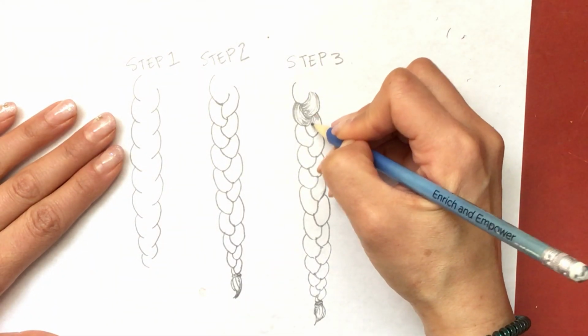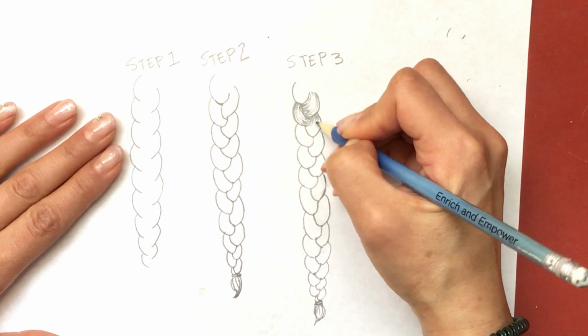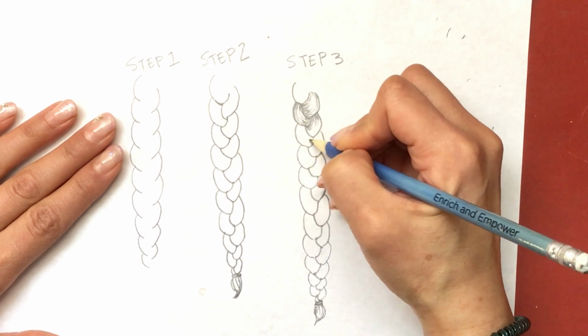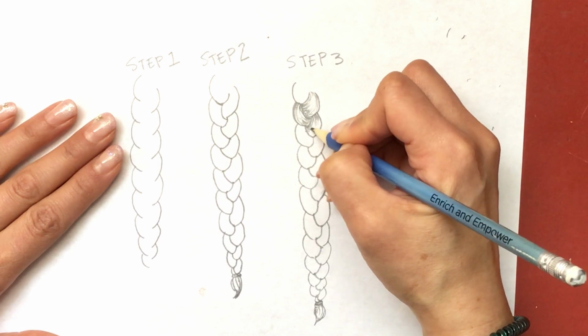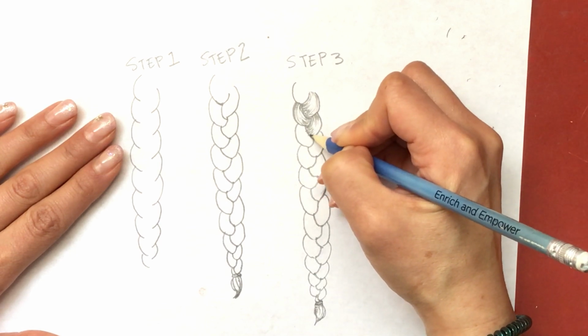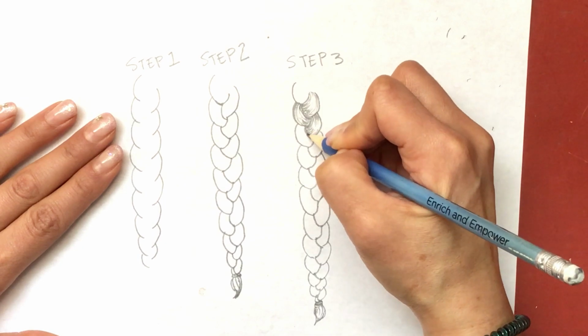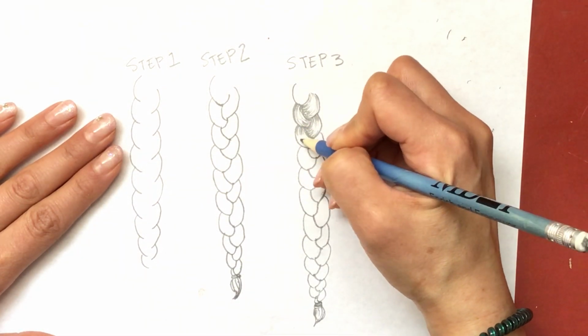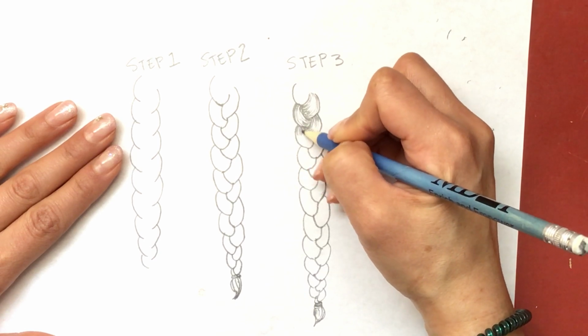And the lines are going to get lighter in the center of each one of these shapes, and they're going to get darker at the top and the bottom of each shape because the hair is coming out. So it's kind of being overlapped and it's in shadow.